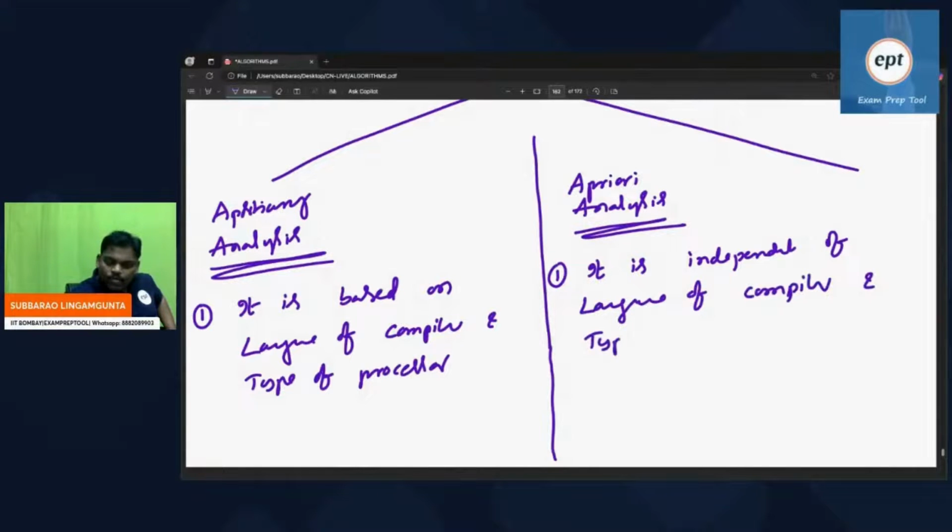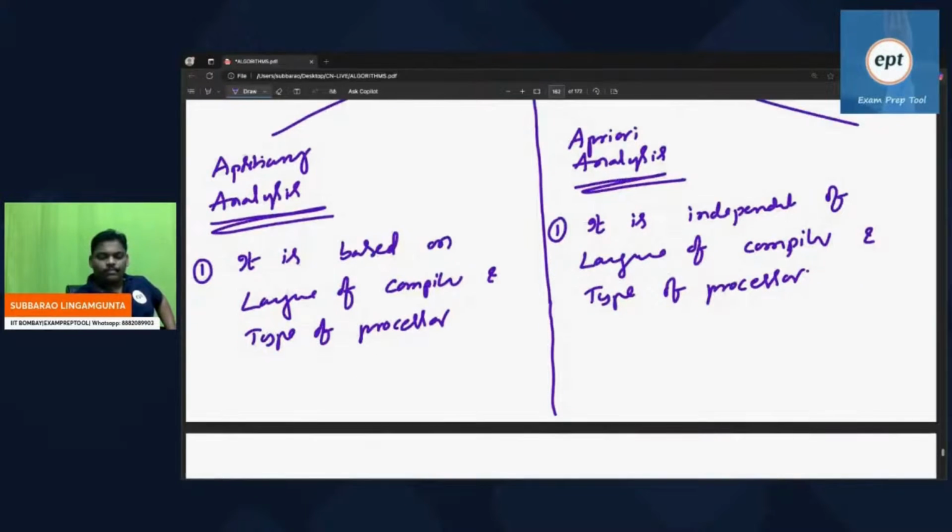So according to this analysis, if you ask what is the time complexity of a given program, he will give the answer immediately. One is dependent on language of compiler and type of processor, but the other is independent of them. I hope everyone is comfortable.